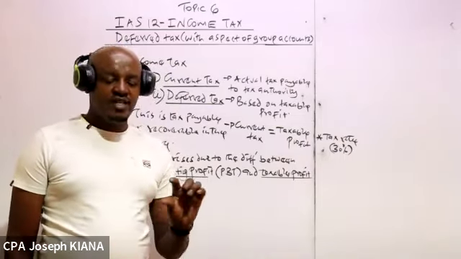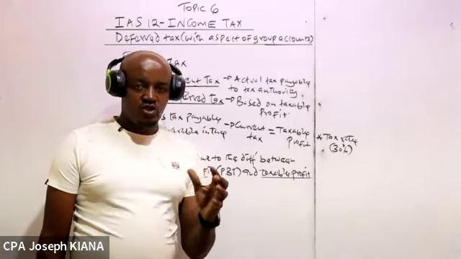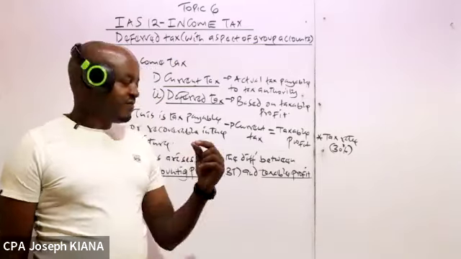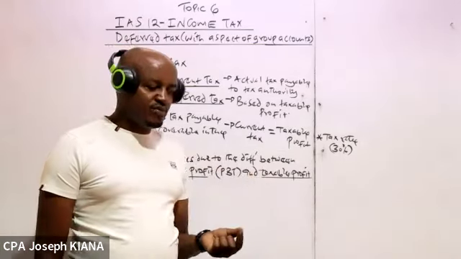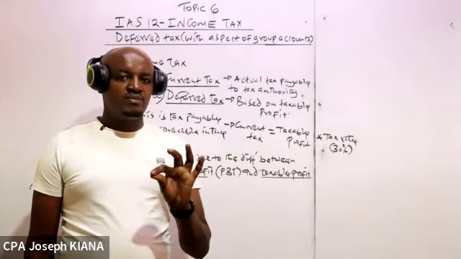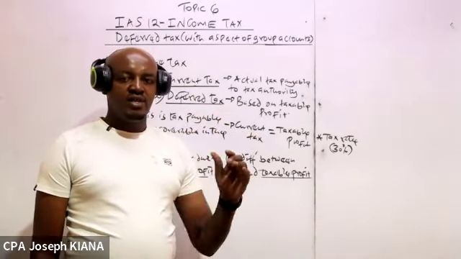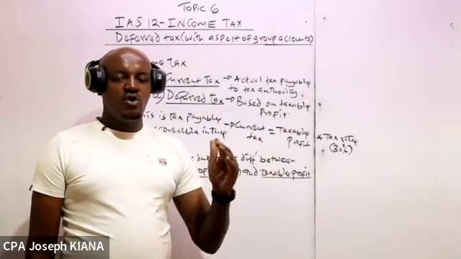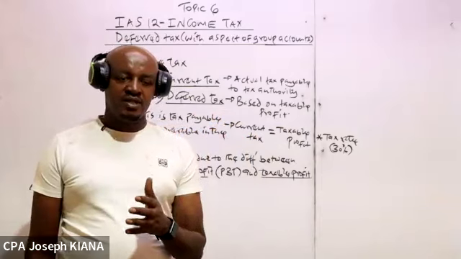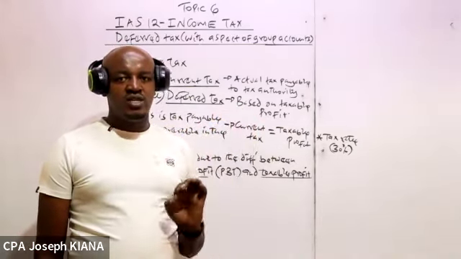A taxable profit, generally we say, is that particular profit which is computed based on the existing tax laws, based on the current tax laws. So meaning, for example, when computing the taxable profit, we take the taxable incomes, because there are those incomes of the company which are not supposed to be taxed. We take the taxable incomes and then we less the allowable or deductible expenses. There are those particular expenses which are incurred by the business, but when computing the taxable profit, they should not be deducted from the total incomes.